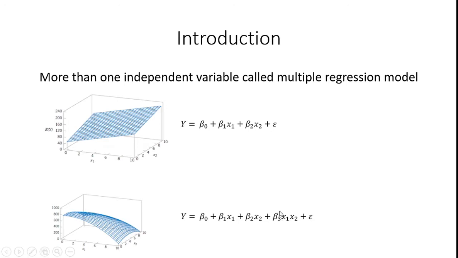I introduce this because the interaction effect between x1 and x2 makes the response plot look curved in nature, so I utilize beta 3 into x1 into x2, plus epsilon. So I utilize two multiple regression model equations: beta 1 x1 plus beta 2 x2, and also one with the interaction effect. If the response plot has some curvature, I consider the interaction effect.